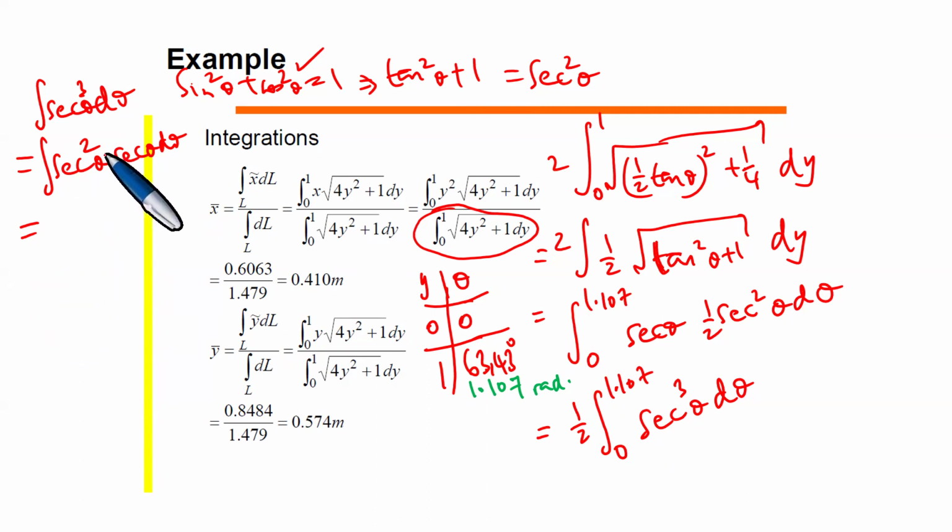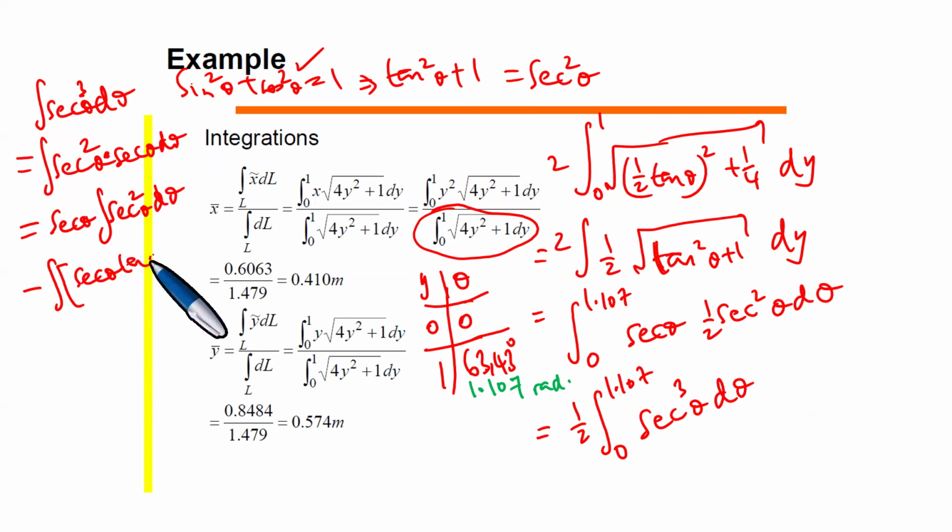We need to break these into components and choose the one that is easy to integrate. Obviously the one that is easy to integrate is secant squared. So you pull out secant theta, and then you have the secant squared theta d theta, minus the integral of the derivative of this one, which is the derivative of the secant, sec theta tan theta.